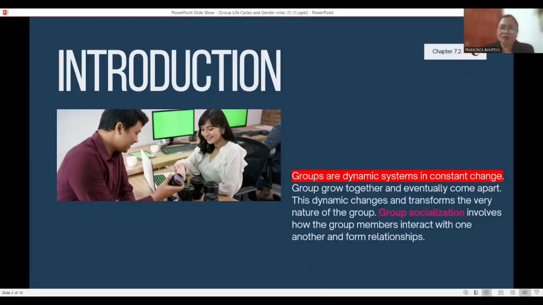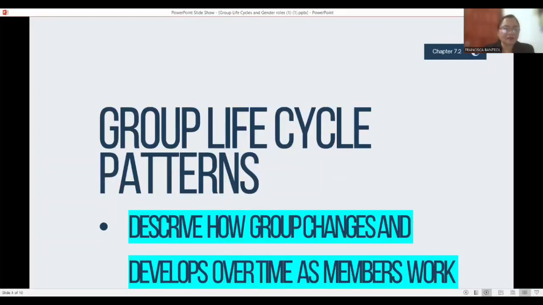Group socialization involves how the group members interact with one another and form relationships. The changes and how the groups develop over time as members work together is called the group life cycle patterns.